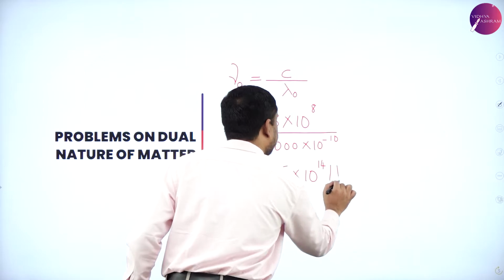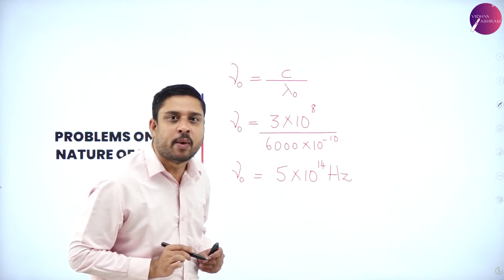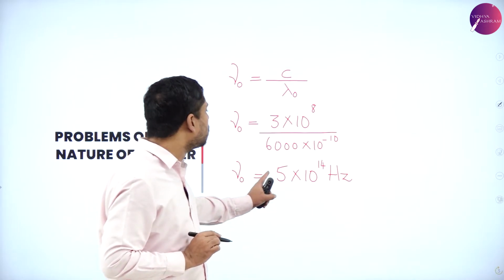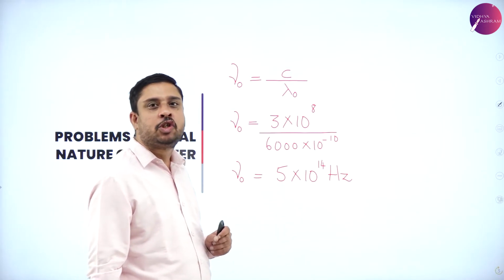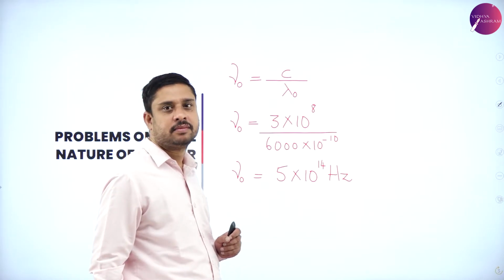So on simple calculation, threshold frequency turns out to be 5 into 10 power 14 hertz.